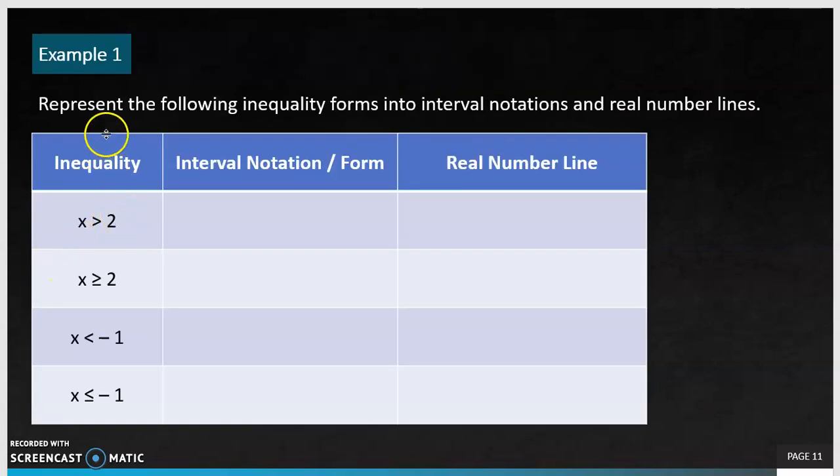Example 1: represent the following inequalities in interval notation and on the real number line. This inequality is x is greater than 2.